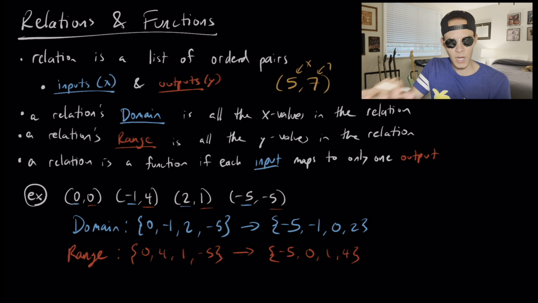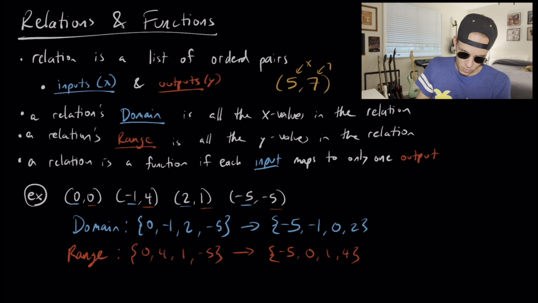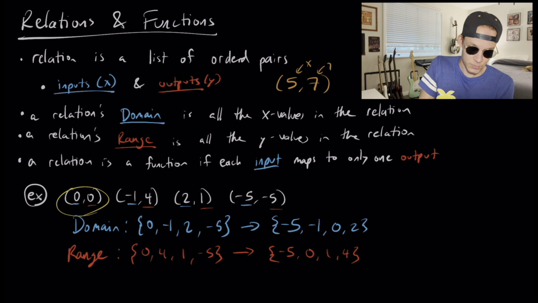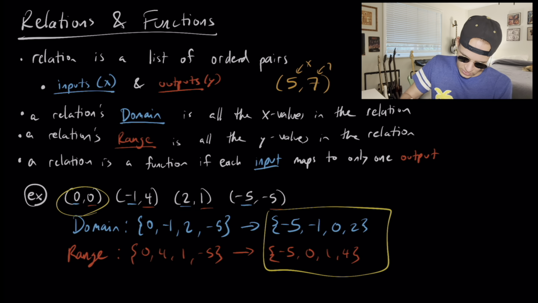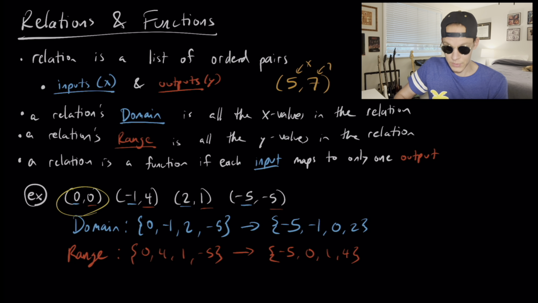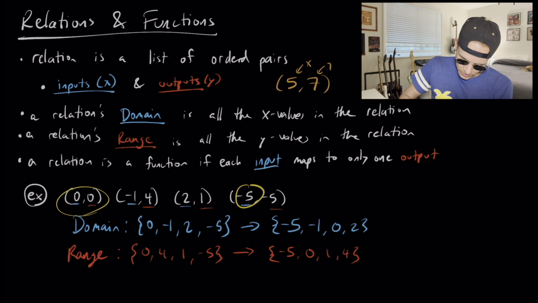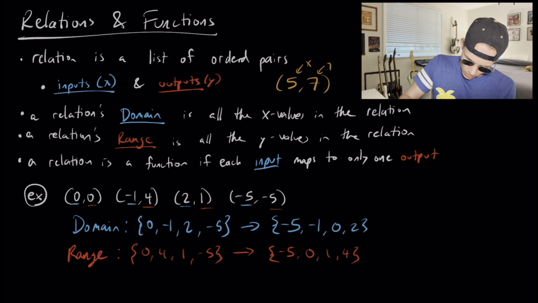So I'm going to draw arrows from each number in the domain to its corresponding y value in the range, as we've listed at the points here. And I'll do it over here with this one, because we usually write them from smallest to largest. So if -5 is my input, or the x value I'm looking at, well, its output is also -5.